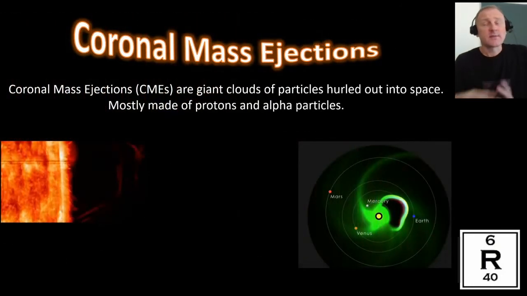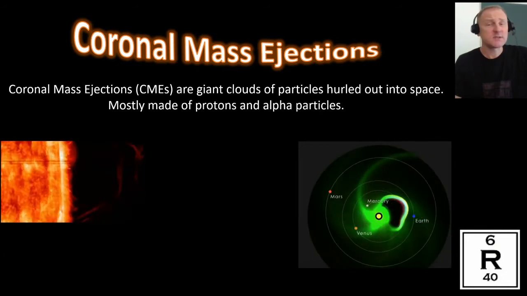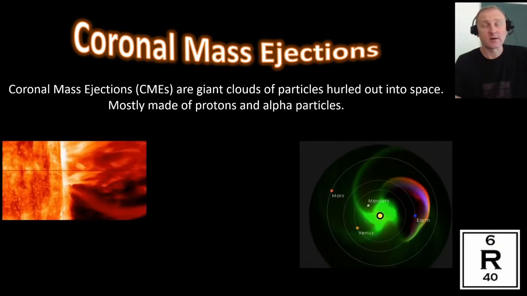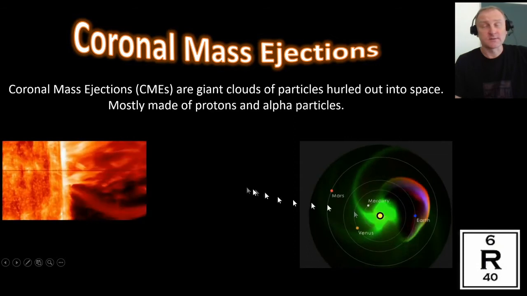But solar flares are not the only thing that's coming off of a star. Coronal mass ejections, or CMEs, are giant clouds of particles hurled into space, mostly made up of protons and alpha particles. And as you can see, they can go quite far throughout our solar system.